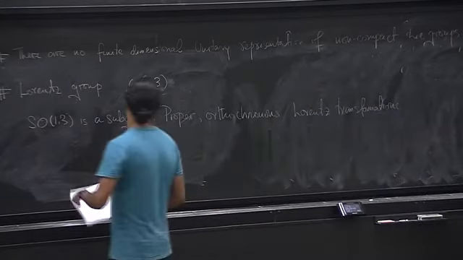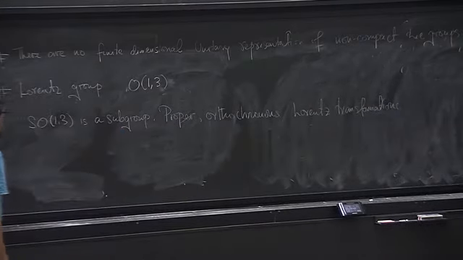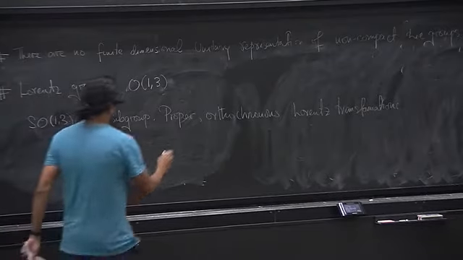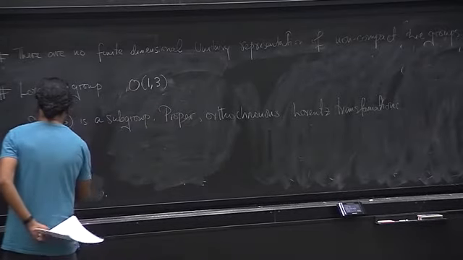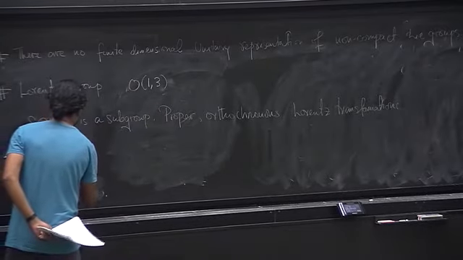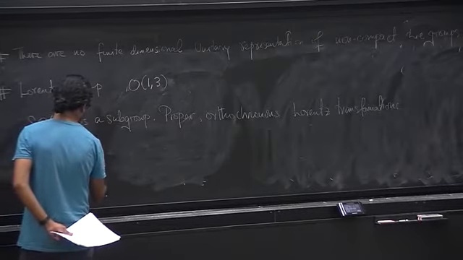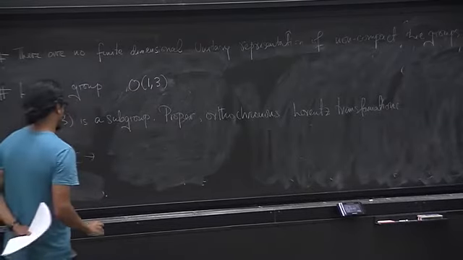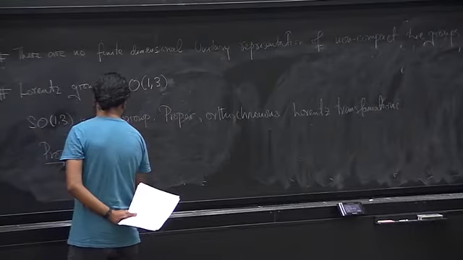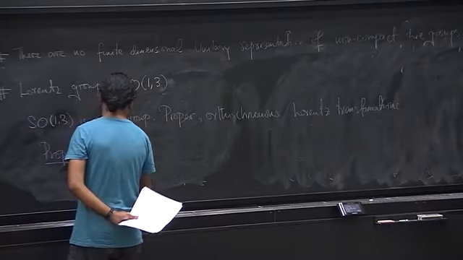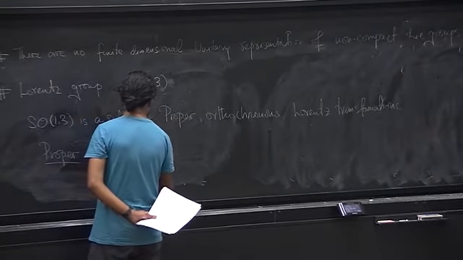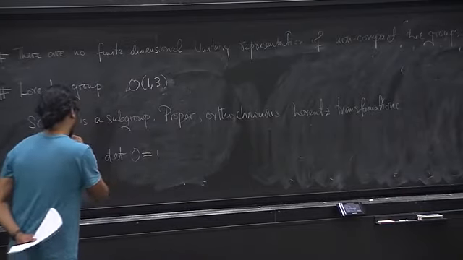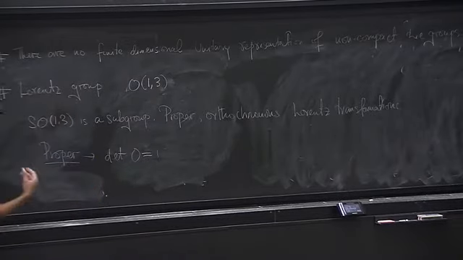Proper means that the determinant is 1, which means that it's continuously connected to the identity.